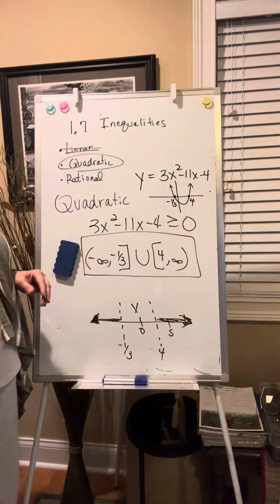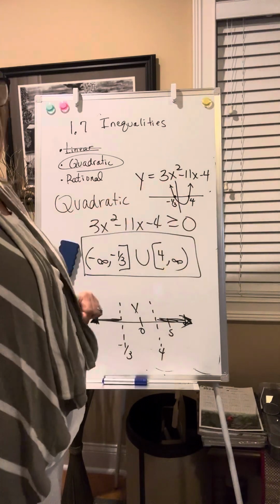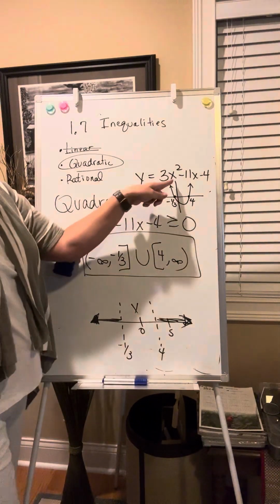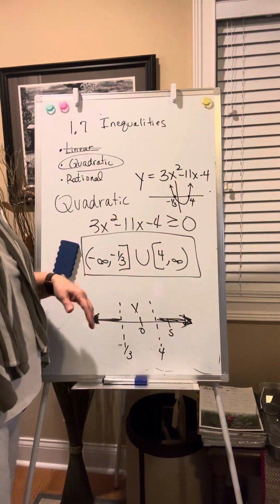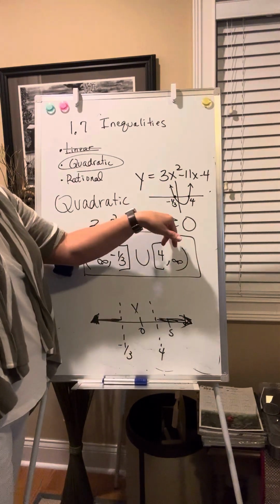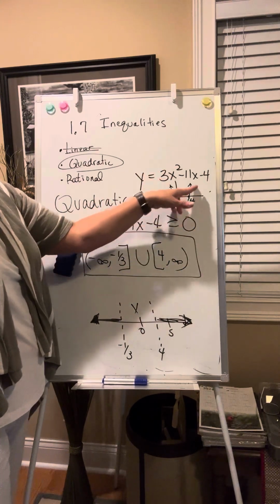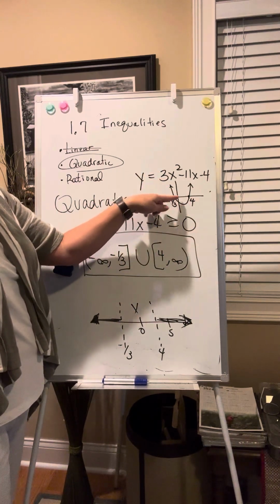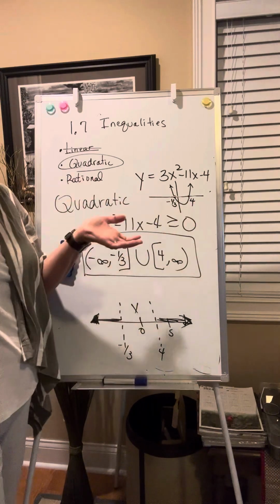So what it's really asking you is, if you were to graph this as y equals, all quadratics graph to be parabolas, this U shape. So it's asking you, when is this parabola above 0, greater than or equal to 0? Since it's an upright parabola, where it crosses the x-axis is its solution.